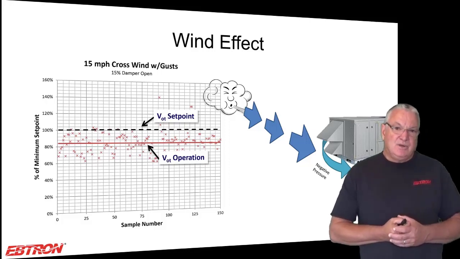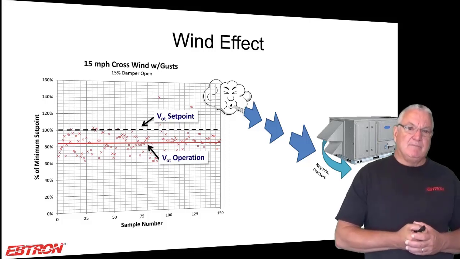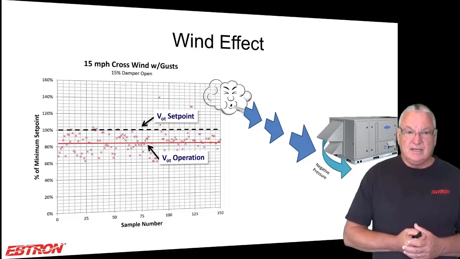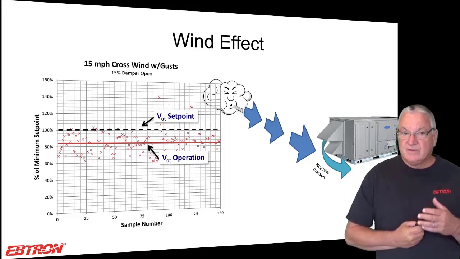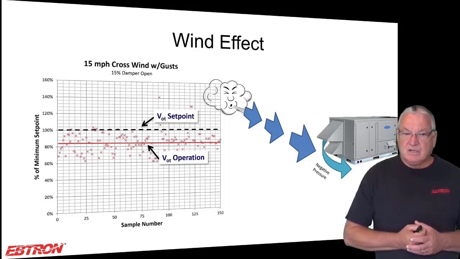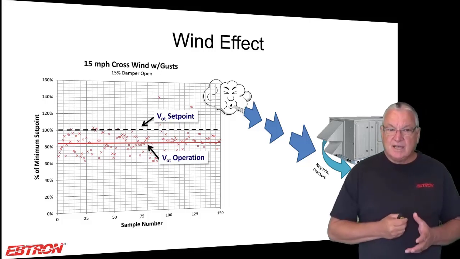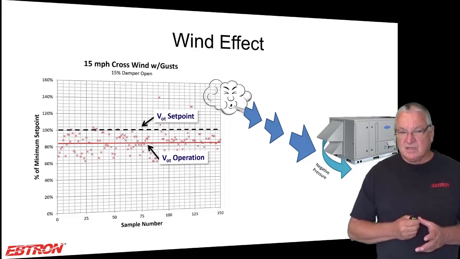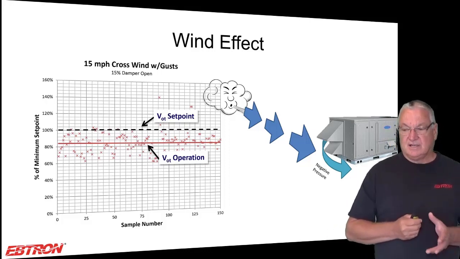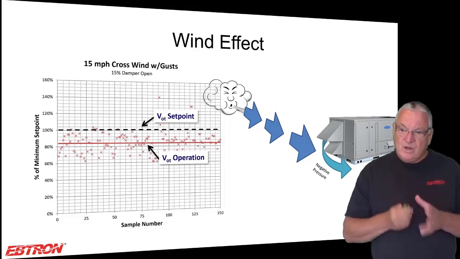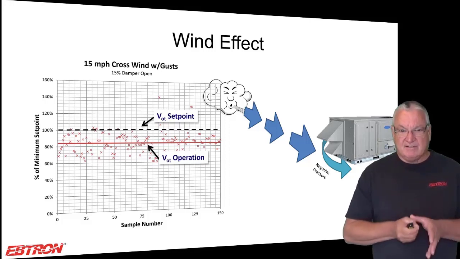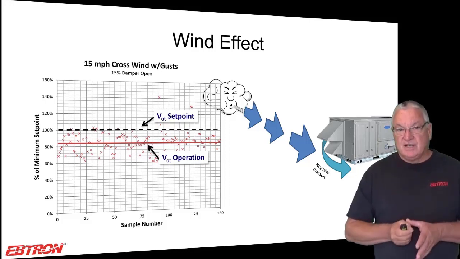And I'm not going to get into it now because I don't have the time, but the scatter is actually the instantaneous readings of the flow meter, because it's showing the fact that outside air intakes are a little different than anything else, because you have wind speed that varies and you have direction that varies.